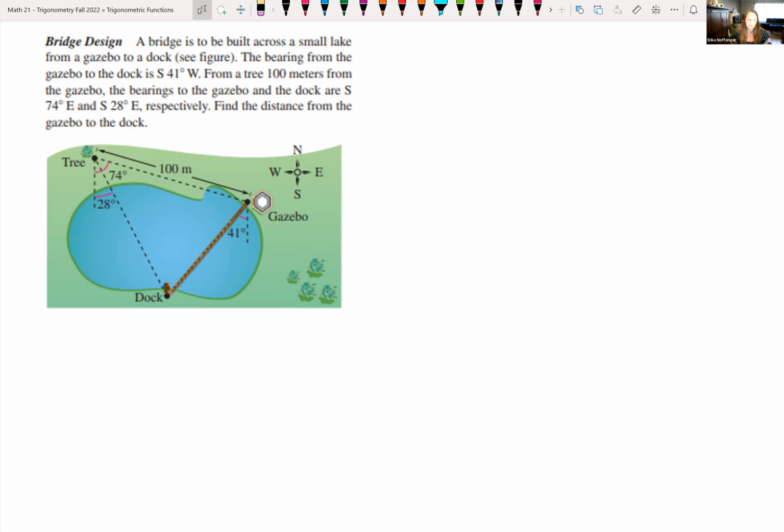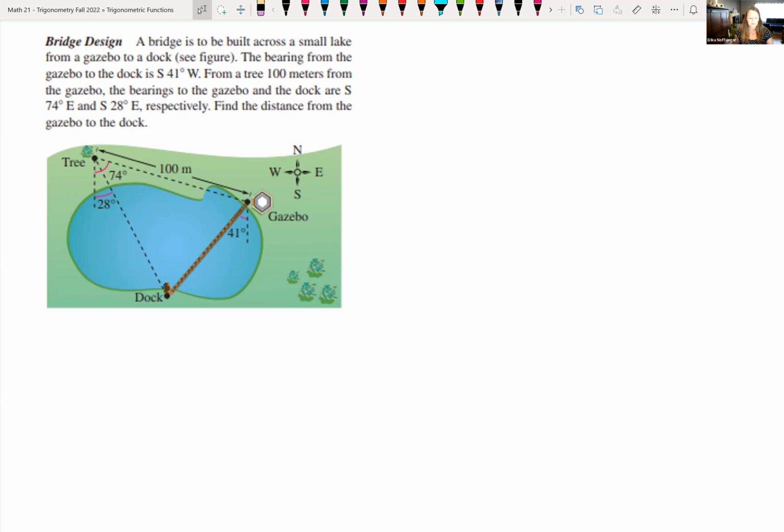The bearing from the gazebo to the dock is south 41 degrees west. From a tree 100 meters from the gazebo, the bearing to the gazebo and the dock are south 74 degrees east and south 28 degrees east, respectively. Find the distance from the gazebo to the dock.